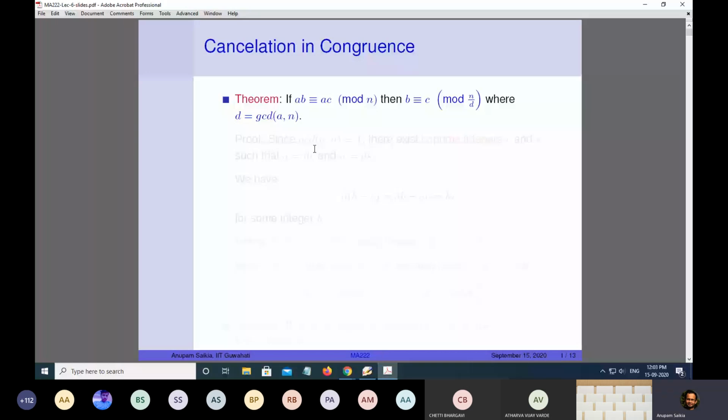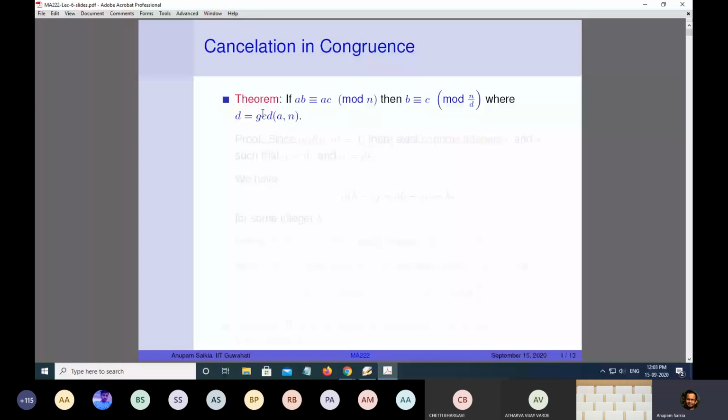So this theorem says that suppose ab is congruent to ac modulo n, then we can say that b is congruent to c modulo not the original n, but we have to factor out the GCD. Suppose d is the GCD of a and n. a is the coefficient, so to speak, and n is the modulus.